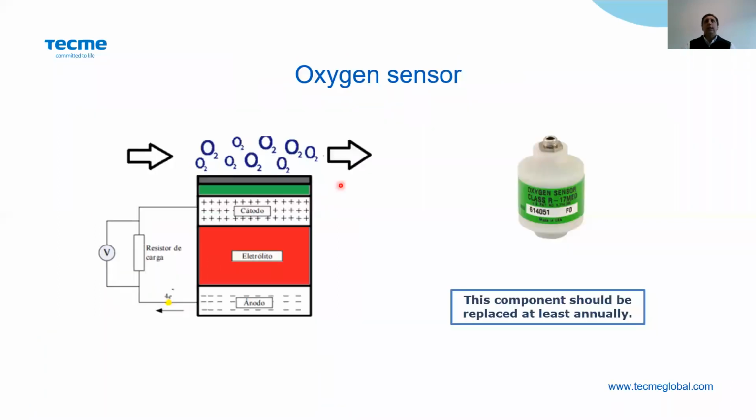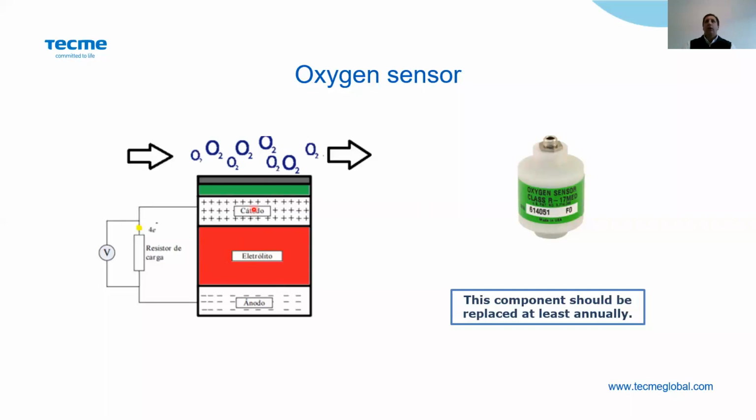This oxygen cell is electrochemical, so when the oxygen goes through the cell, it produces a reaction that makes a voltage. This voltage is proportional to the oxygen concentration. It is like a battery that starts to discharge.